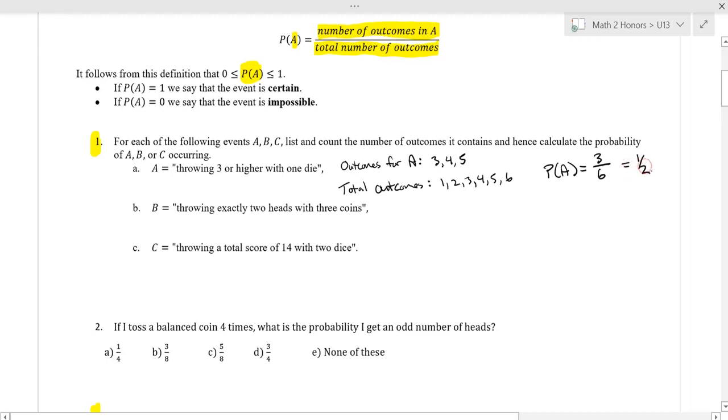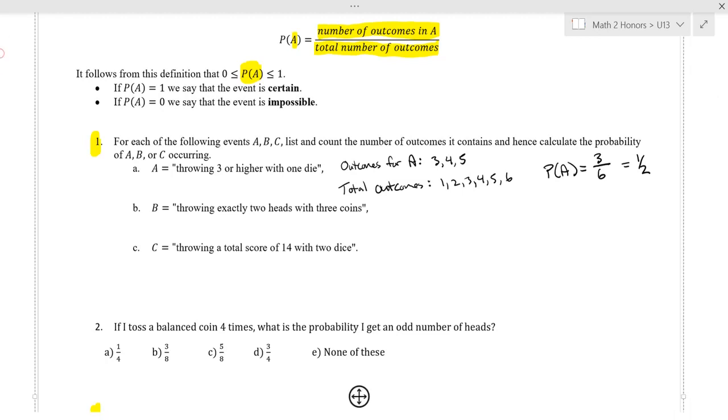And that's pretty much how probability works. So you've got to be good at counting, and that's why we did the first 2 sections on the fundamental counting principle and combinations and permutations, because if you can count well, then you can find out what this fraction is. Alright, so let's take a look at B.